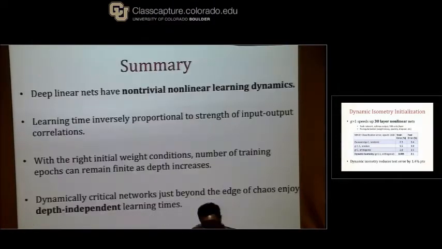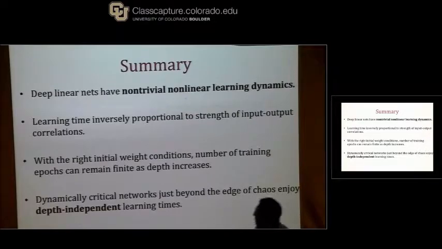Okay. All right, so just to summarize the first part: deep linear nets have non-trivial, nonlinear learning dynamics that we can understand analytically. The learning time is inversely proportional to the strength of input-output correlations. With the right initial weight conditions, the number of training epochs can remain finite as the depth goes to infinity for the linear networks. And you can speed up learning with these initializations for nonlinear networks.